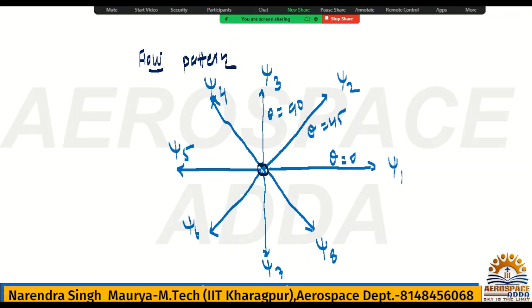Where will be the potential function? The potential function you will get perpendicular to this stream function. Perpendicular means it should be like this.